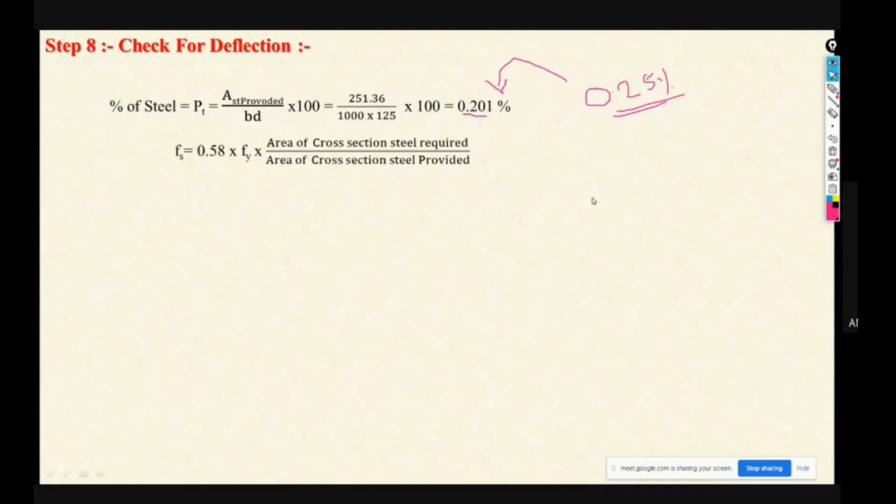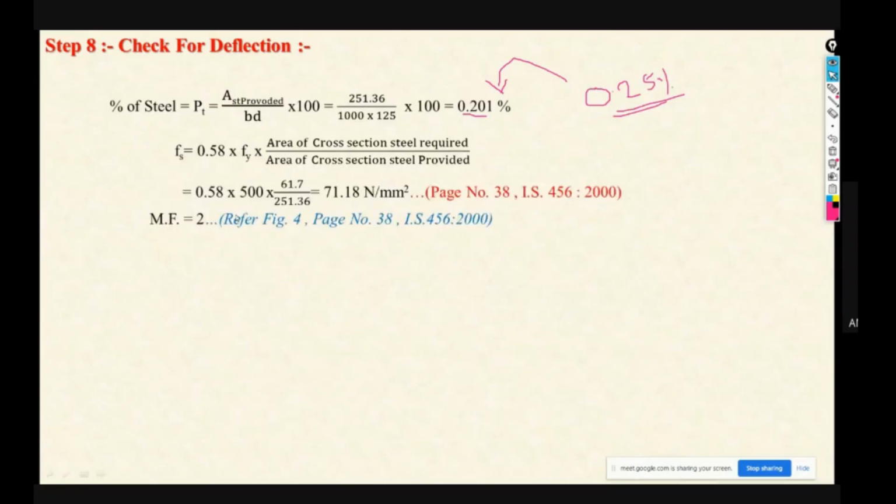Again, calculate Fs. Now here we have the area of steel provided as well as required, and the formula to calculate Fs is 0.58 into Fy into area of cross section of steel required divided by area of cross section of steel provided.